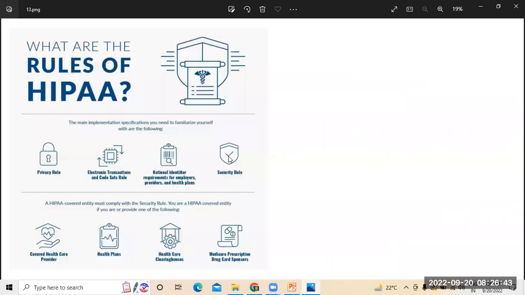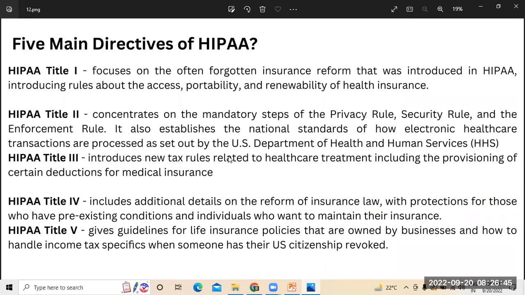Now, when we talk about the main directives of HIPAA, usually the main directives of HIPAA are of 5 different titles, which must be known here as well. The first title focuses more on the kind of reforms we need to perform in insurance.